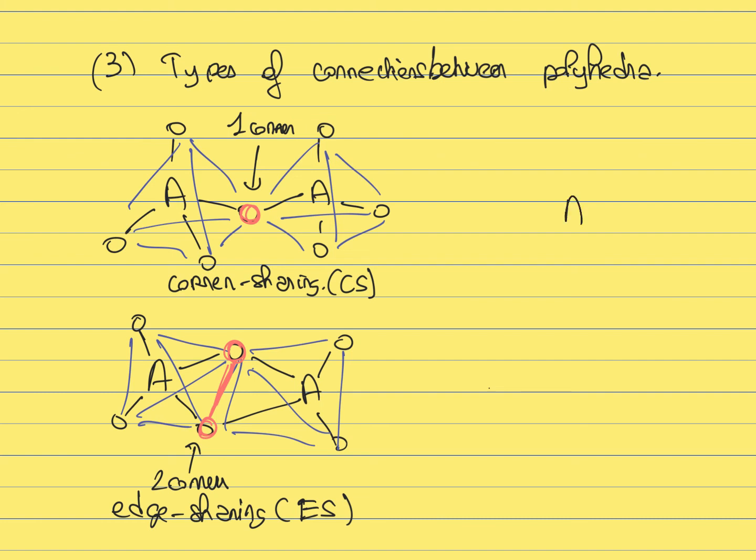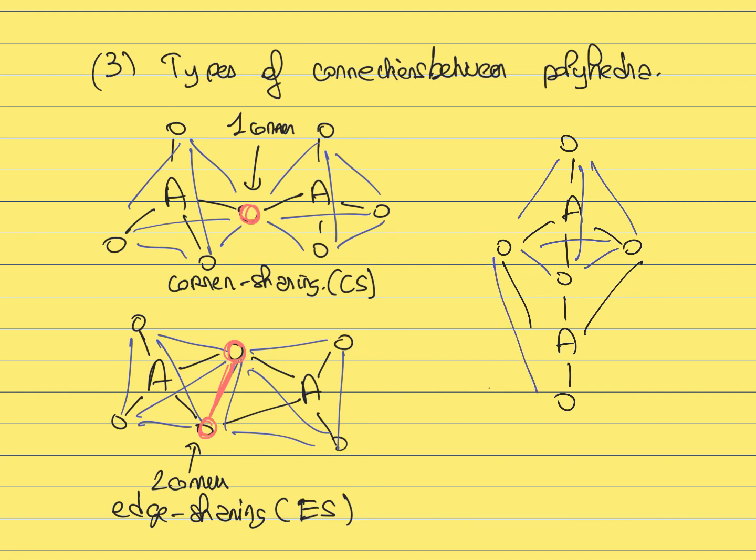corners. So that would be an example like this, where you have one tetrahedron at the top that is connected to another tetrahedron at the bottom. So you have this tetrahedral structure here, and it would be connected to another tetrahedral structure, where those three oxygens would be connected to the cation, and this cation would be connected to another oxygen.